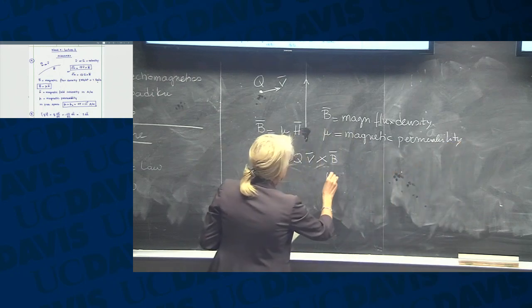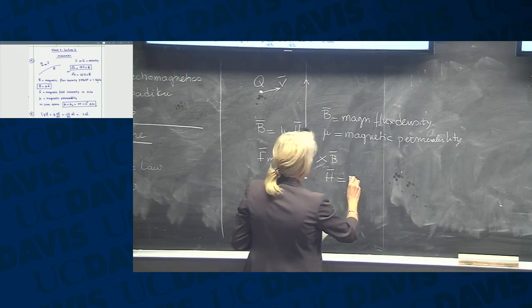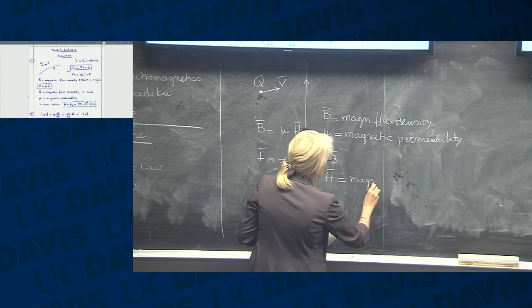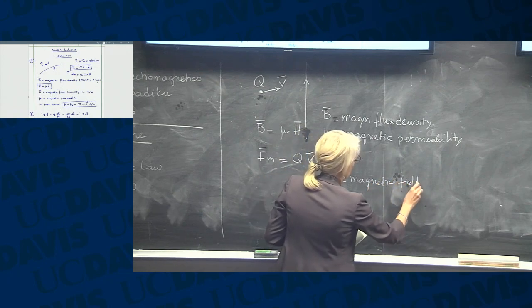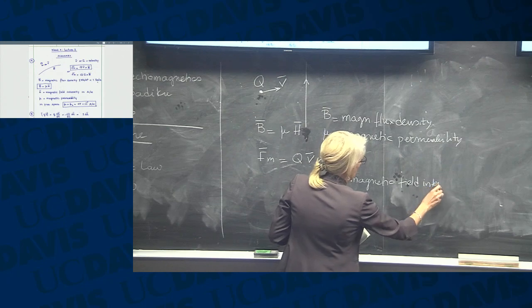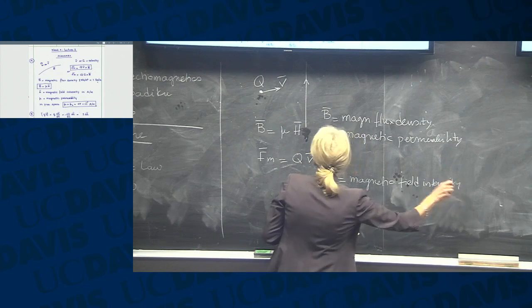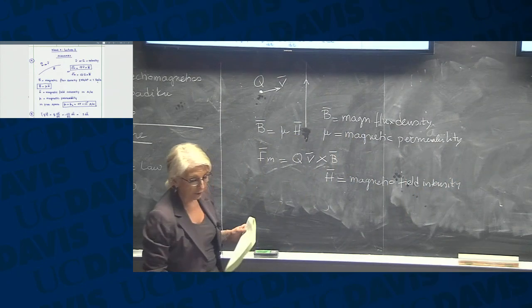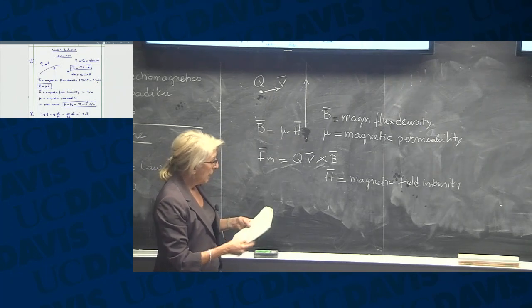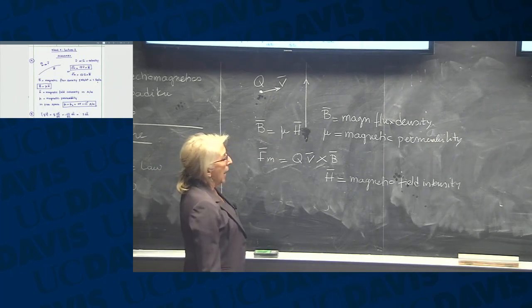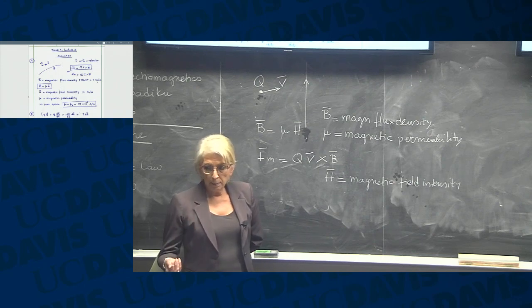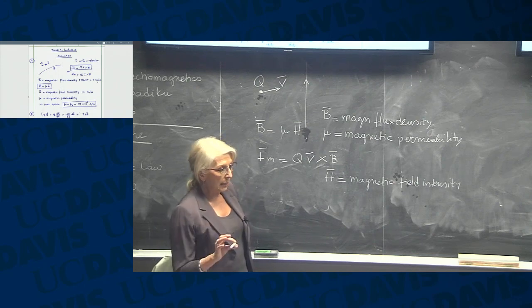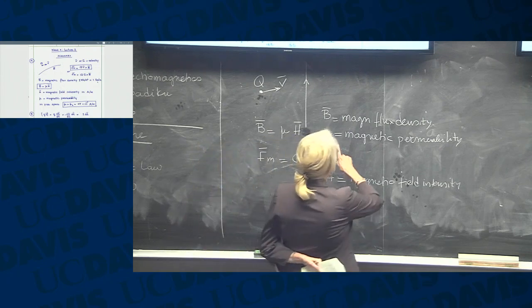Permeability. H is the magnetic field intensity, vector. V, of course, is velocity, the velocity of the charge. Now, unless the material that you are using is a magnetic material, all of the dielectric materials have a mu.